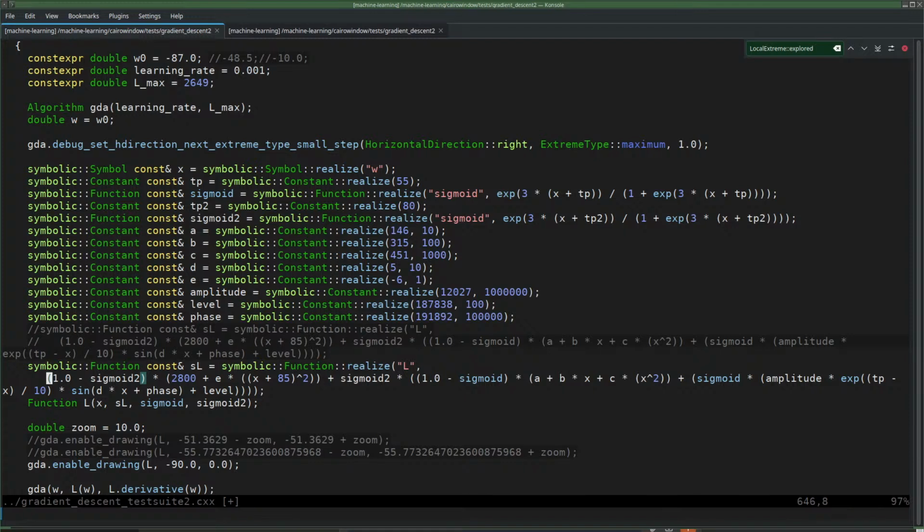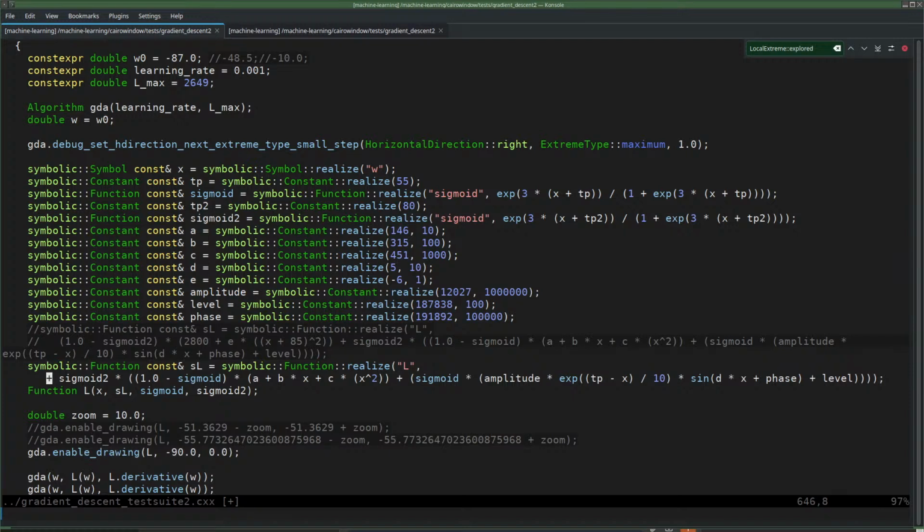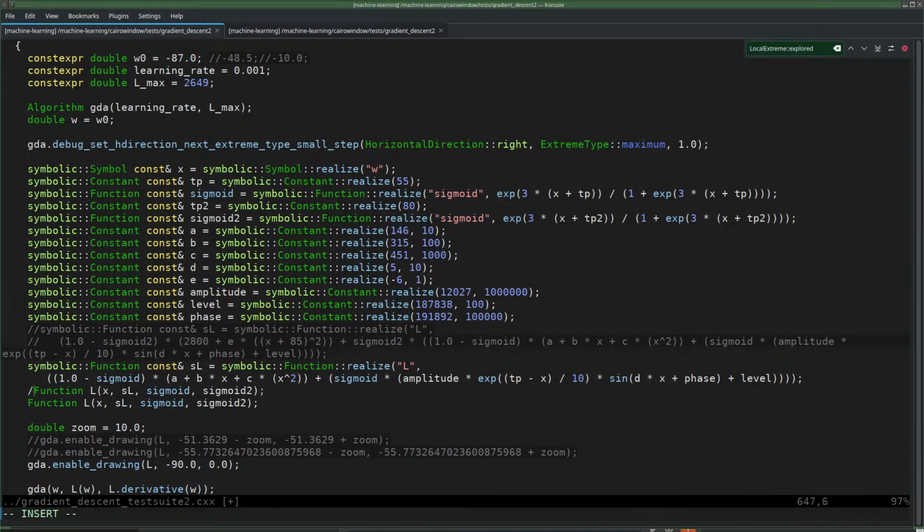Yeah, so this becomes 0. Times something is nothing. And this is 1, so we can remove it. That should be it. Should be the old function. And then of course I don't have to pass sigmoid 2.